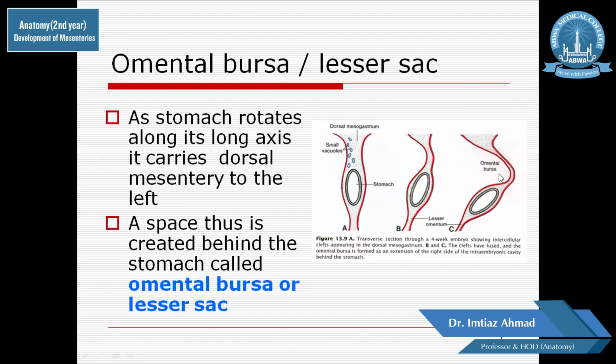A space thus is created behind the stomach, which is known as the lesser sac or omental bursa. So how is the omental bursa or the lesser sac created? By the rotation of the stomach along its long axis. It carries the dorsal mesentery towards the left and creates a space behind the stomach known as the omental bursa or the lesser sac.